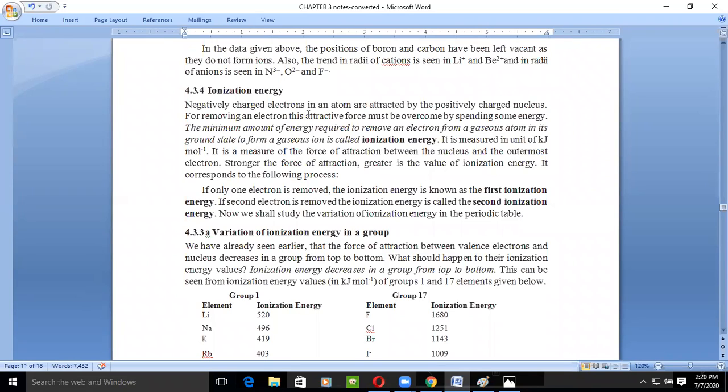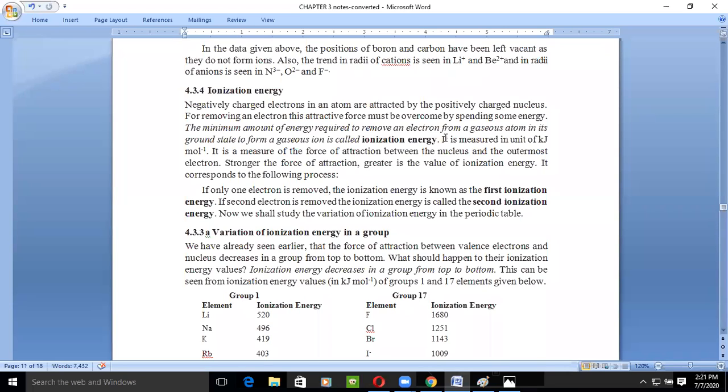If we overcome this electrostatic force, then we will be able to remove that electron. So the minimum amount of energy required to remove an electron from a gaseous atom in its ground state to form a gaseous ion is known as ionization energy.